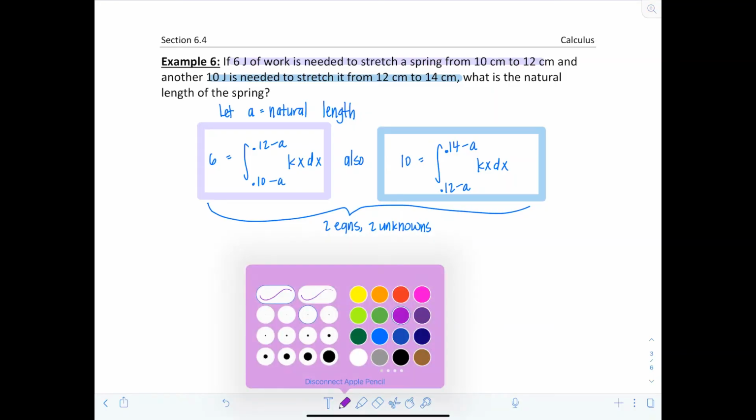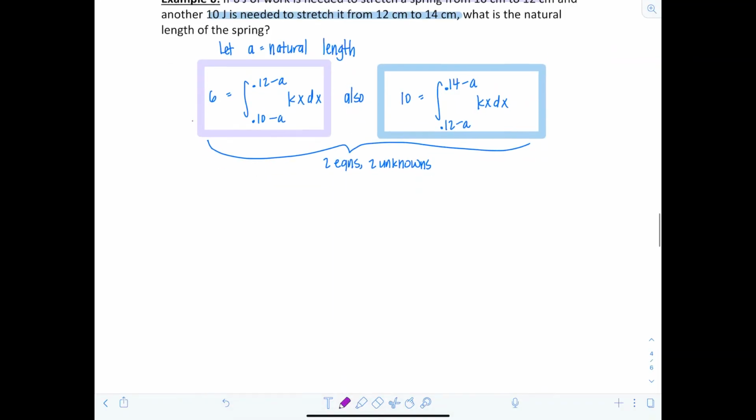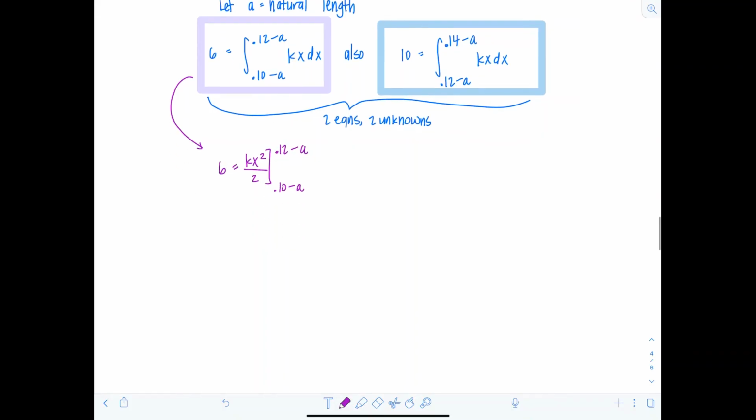So working with the first one here, we have 6 is equal to, so antiderivative of kx, that's going to be kx squared over 2, evaluated from 0.10 minus a to 0.12 minus a. And then 6 is equal to k over 2. And then I'm going to have 0.12 minus a squared, plugging that in for x, minus 0.10 minus a squared.